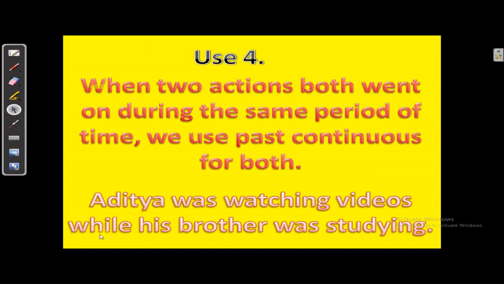In both cases, the actions are happening at the same time, and from while we got to know that. Both the clauses have the past continuous form, was or were plus v1 plus ing, watching, studying. You need to see that too.